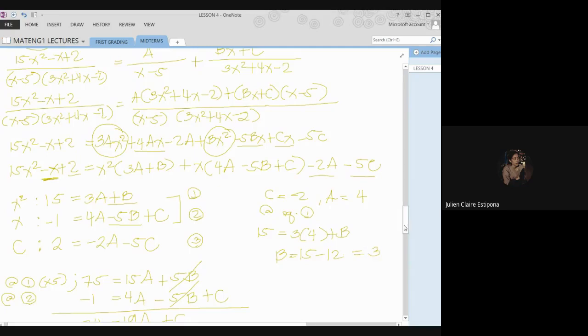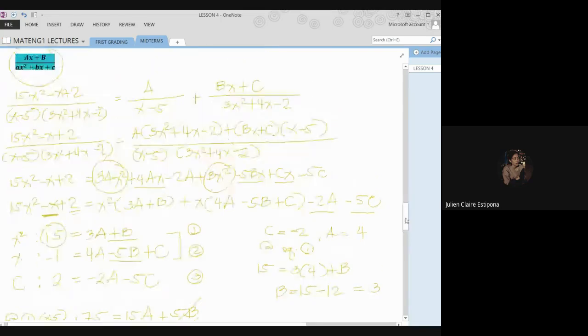So if we are going to substitute the value of 3 multiplied by A, which is 4, plus B, we may arrive at the same answer, that is to check, that is equal also to 15. So the partial fraction for that one is, if we rewrite here, A is 4, B is 3, and C is equal to 2 already.